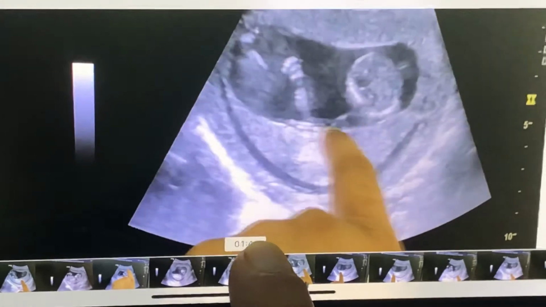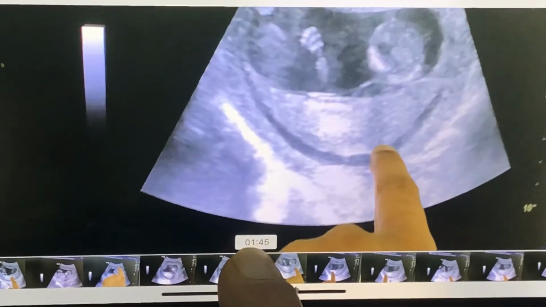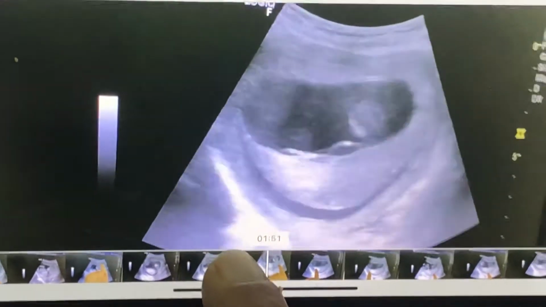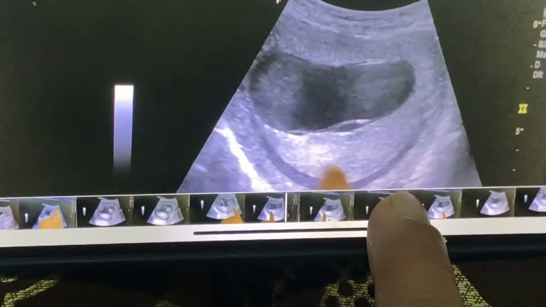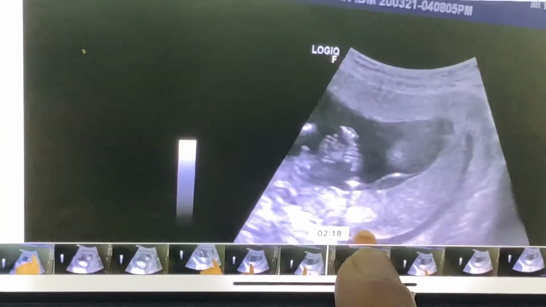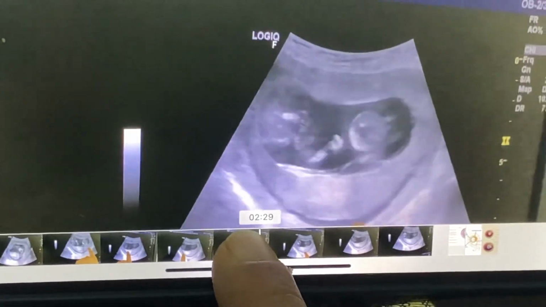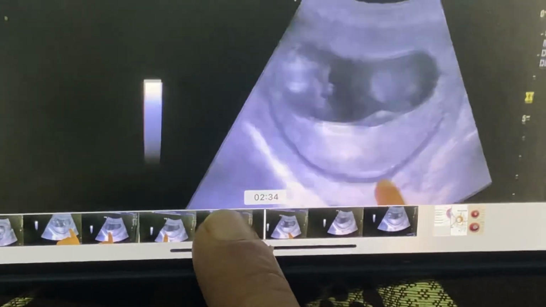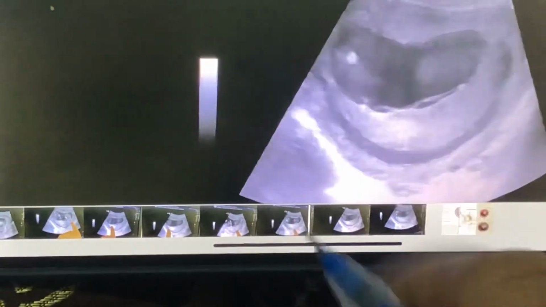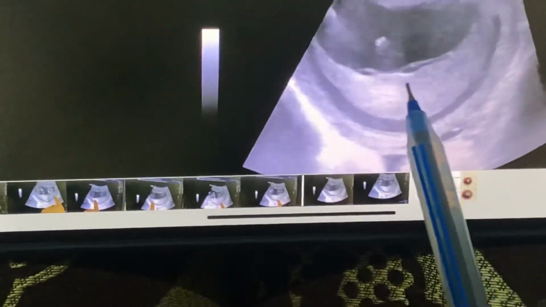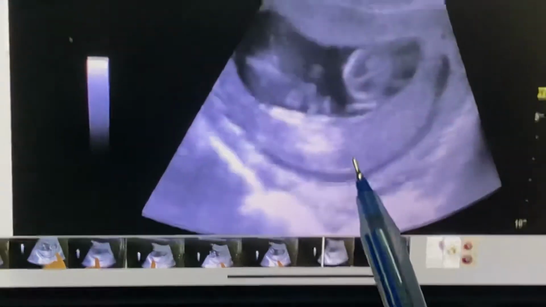It is called subchorionic bleed or subchorionic separation, giving false perception of placental separation. But what is this? It is smooth chorion. This is smooth chorion between the amnion and the chorionic membrane.